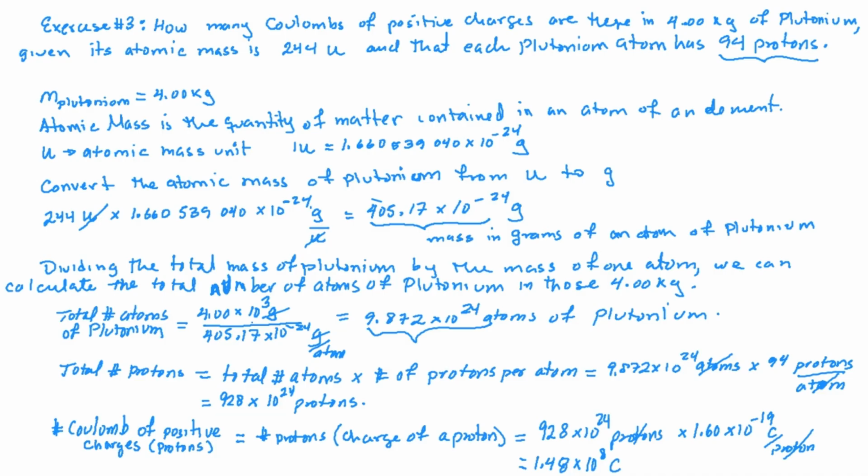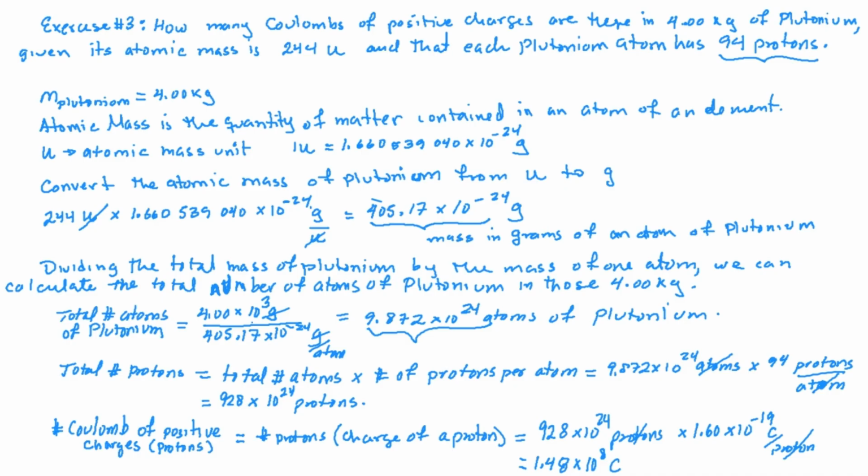So I have to convert first those 244 atomic mass units to grams. When I have the atomic mass in grams, I divide the total mass by the mass of one atom in grams, and I find the total number of atoms.